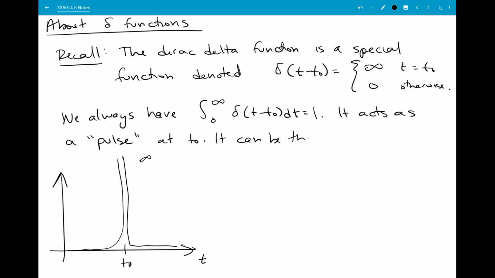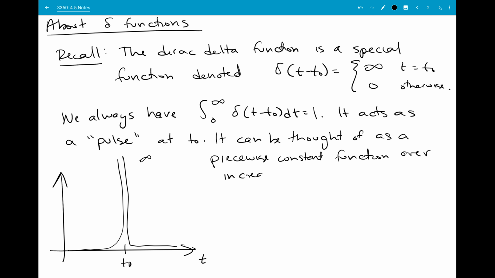So it can be thought of as a piecewise constant function over increasingly narrow intervals. That's that limit idea that we talked about last class.